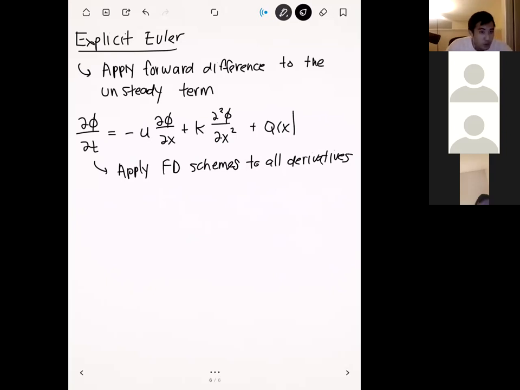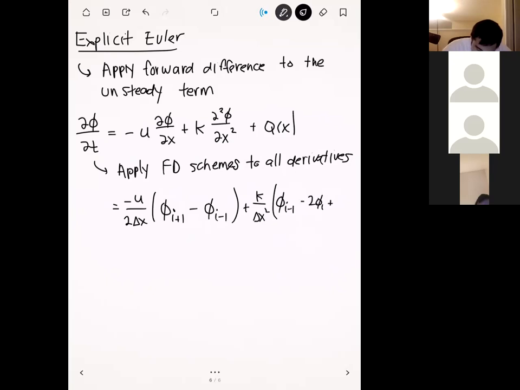So actually, I'm going to do the right side of the equal sign first, because we've done all these before. Right? So first we have the convection term, and so this is going to be a minus u divided by 2 delta x, times phi i plus 1 minus phi i minus 1, plus k divided by delta x squared times phi i minus 1 minus 2 phi i plus phi i plus 1.